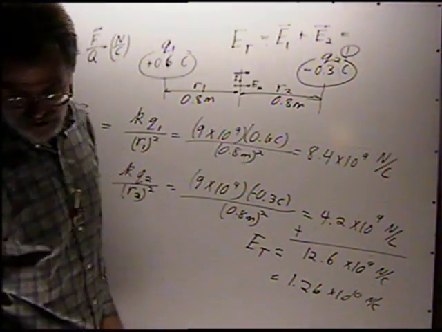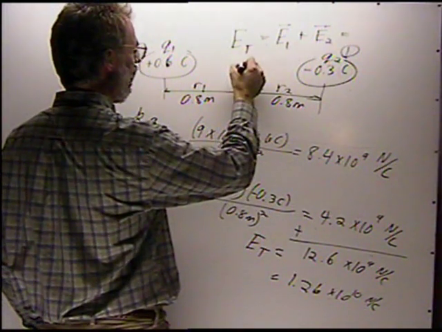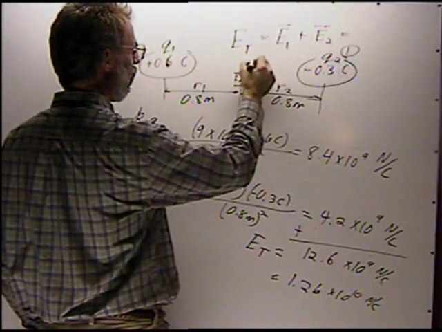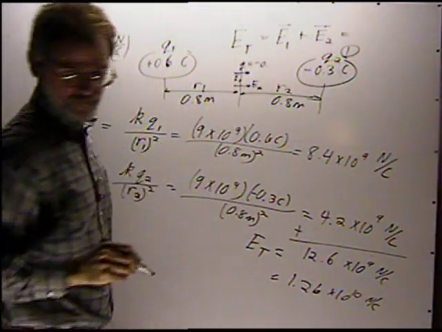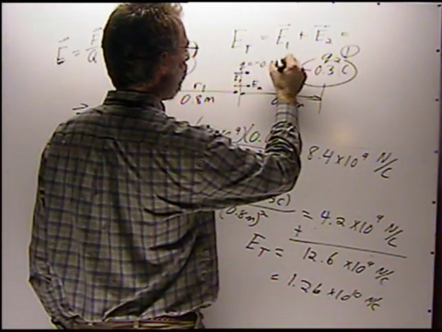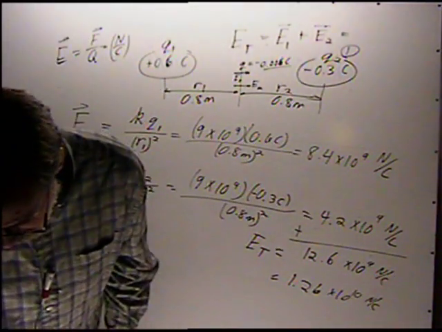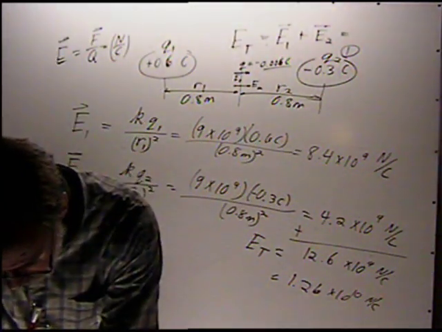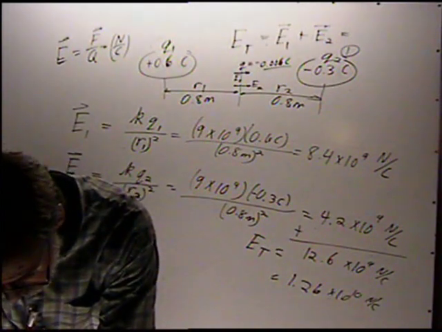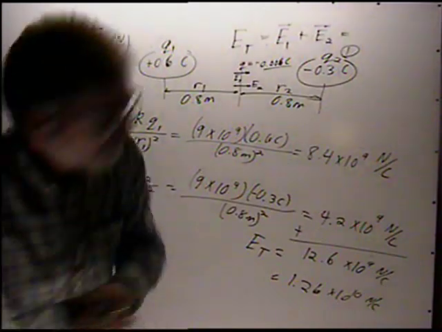Now the next part of the question is, suppose right in here we put a charge, right at this point, and the charge was a negative 0.0006 coulombs. It was a negative, and it was a millicoulomb.